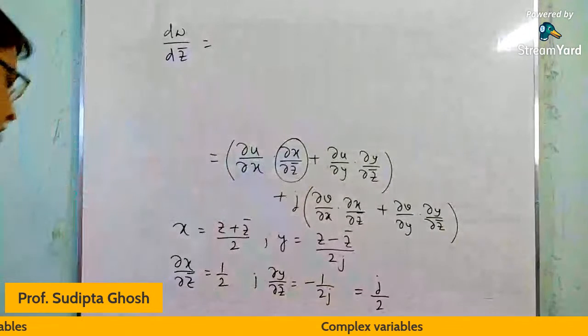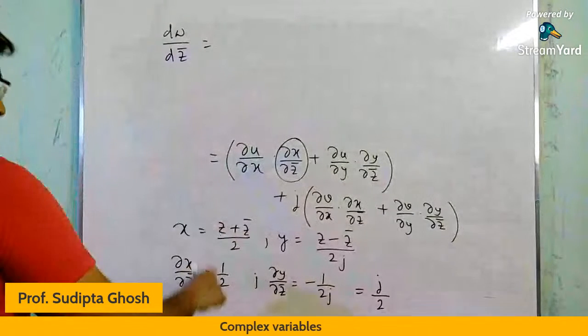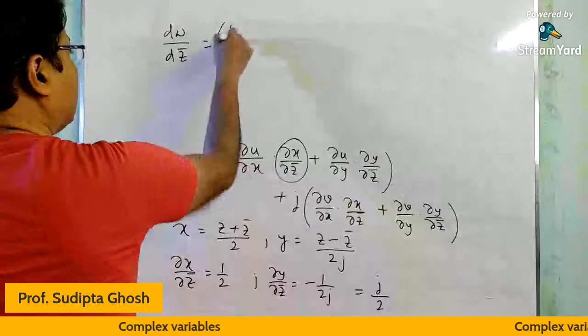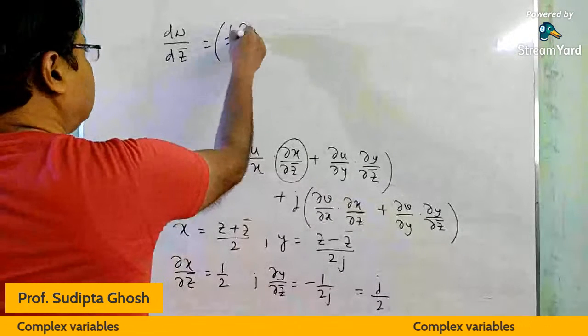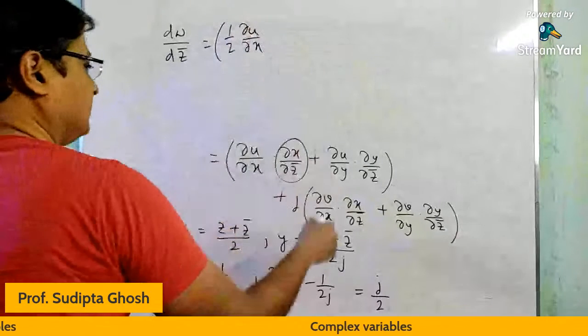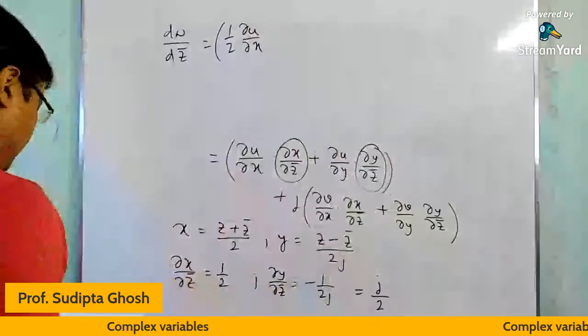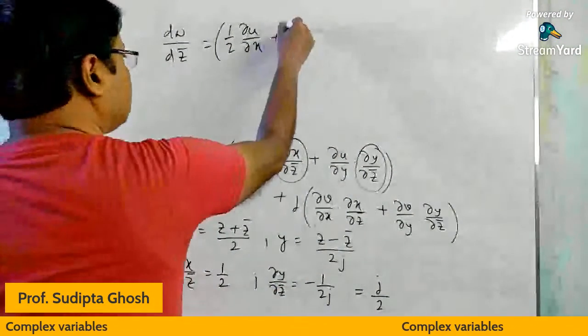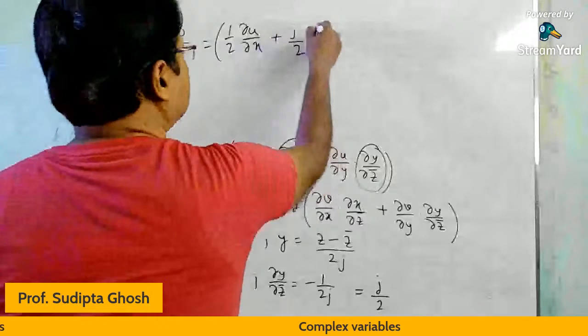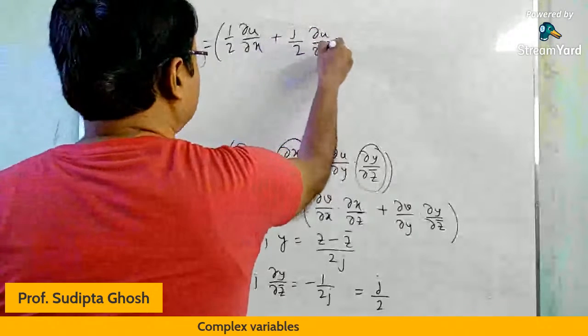Putting the value of ∂x/∂z bar, that is half, it will be half of ∂u/∂x. Then ∂u/∂y into ∂y/∂z bar, that is j by 2, so it will be plus j by 2 ∂u/∂y.